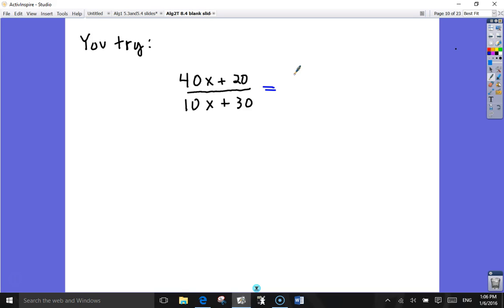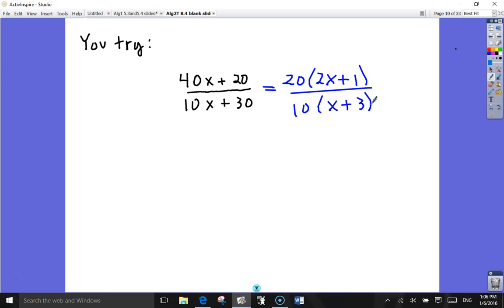Greatest common factor between 40x and 20. 20. So it's 20 times 2x plus 1. Okay, how about the denominator? Greatest common factor is 10 times x plus 3.